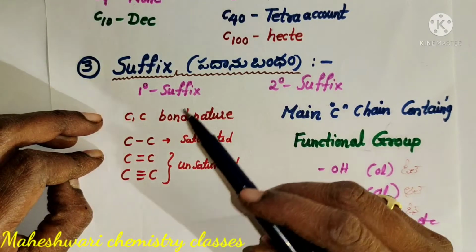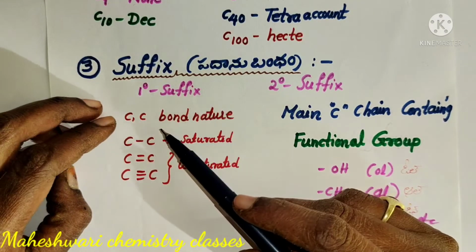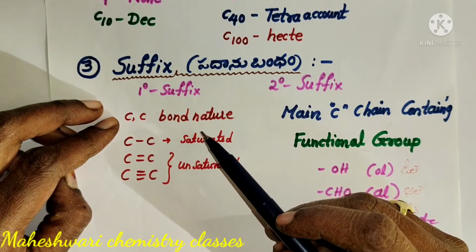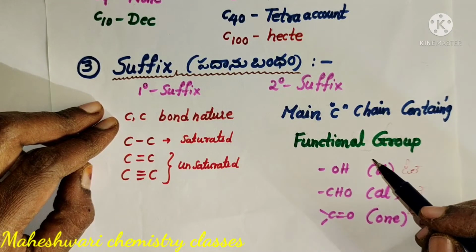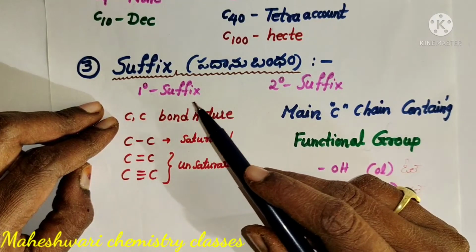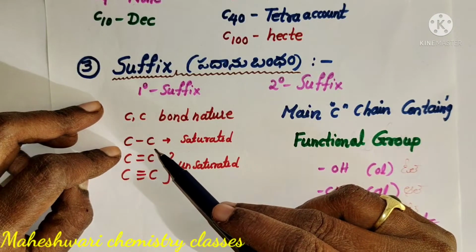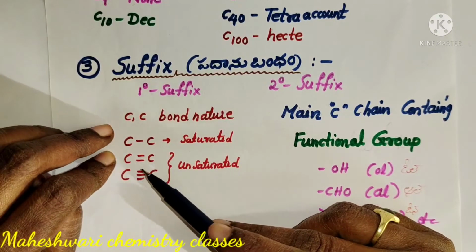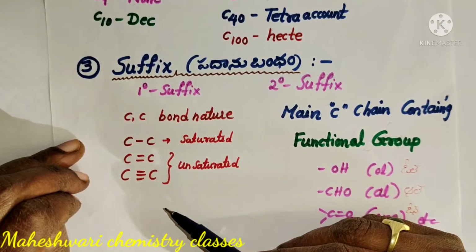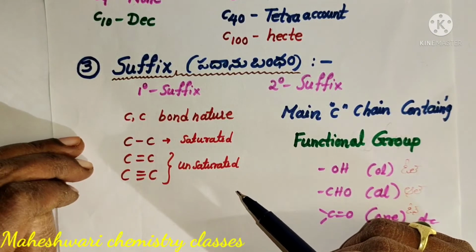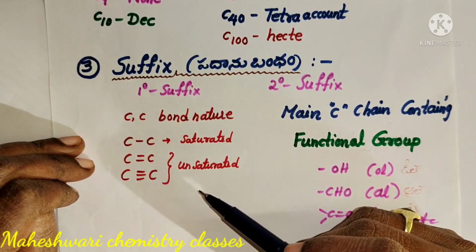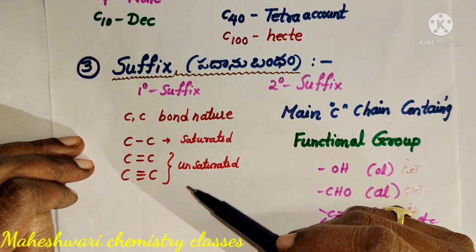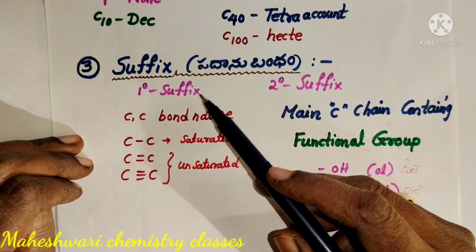If in between carbon and carbon there is a single bond, it is alkane or saturated. If there is a double bond or triple bond, it is unsaturated compounds, nothing but alkenes, alkynes.